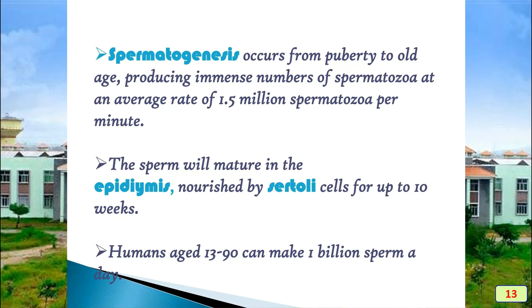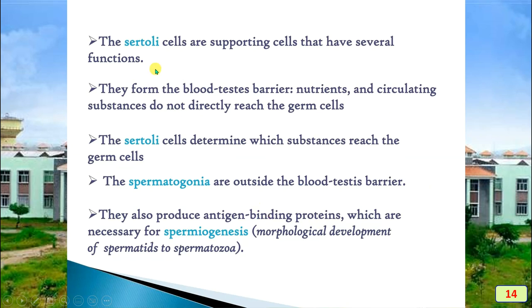Humans aged about 13 to 90 can make 1 billion sperm per day. It's a great number. The Sertoli cells are supporting cells that have several functions in the genesis of the spermatozoa.